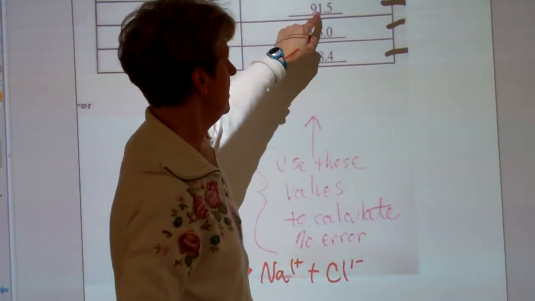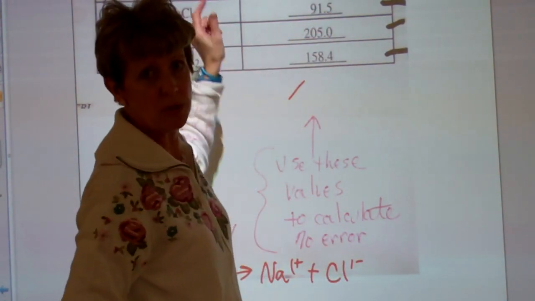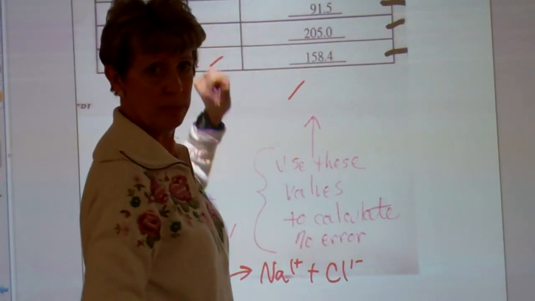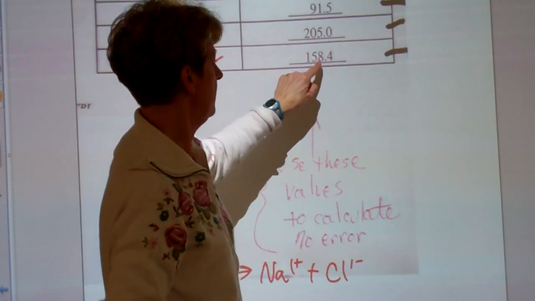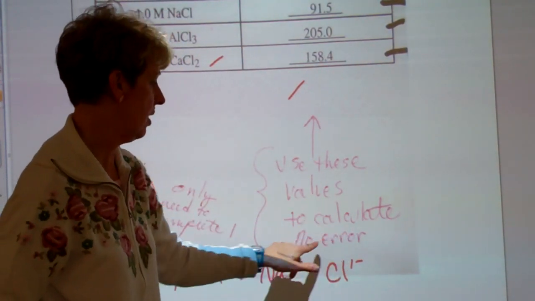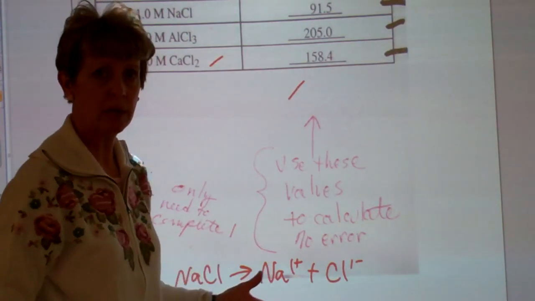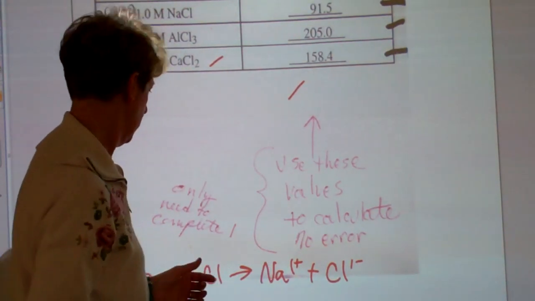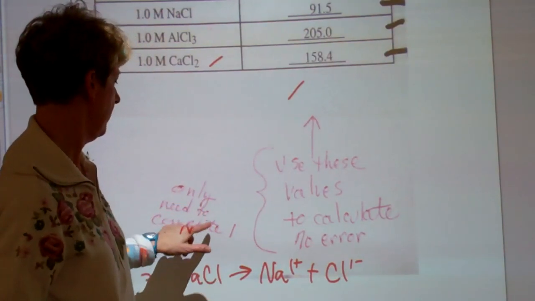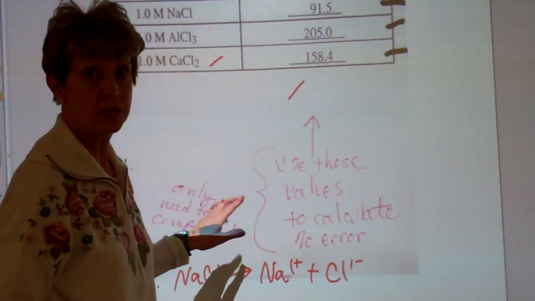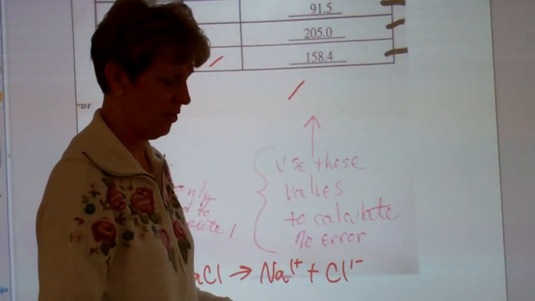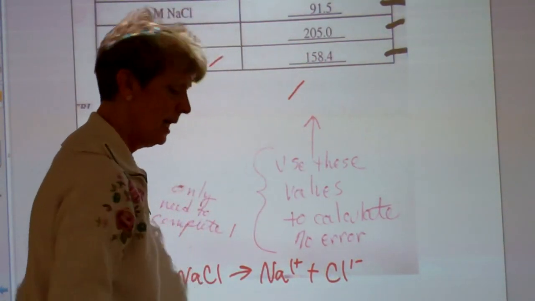I'll read them. 91.5 for sodium chloride, 205 for the aluminum chloride, and 158.4. I'd like you to use these values to calculate the percent error for the reflection. And again, you only need to do one of these in the reflection, but if you'd like, you can do all 3.